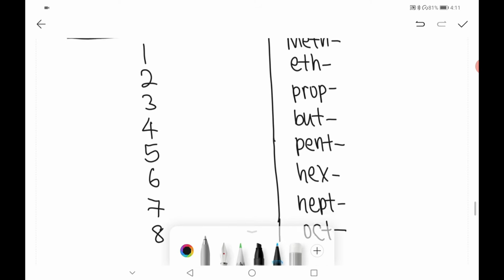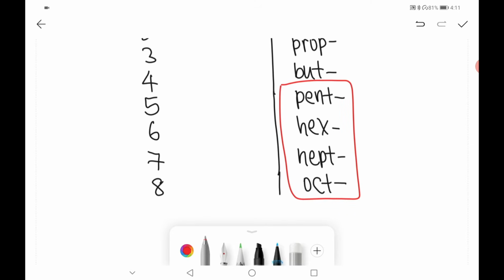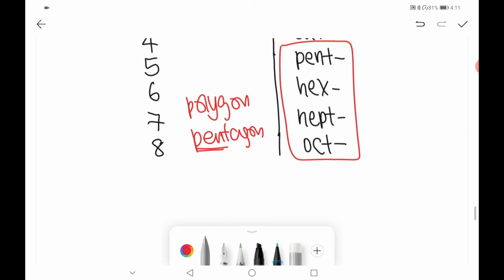Many students find 5 to 8 carbon easy to memorize, because it looks like the polygons you learn in mathematics. If you have 5 sides, it's called pentagon, so you see the word pent. If the polygon has 6 sides, it's hexagon, so you see the word hex.